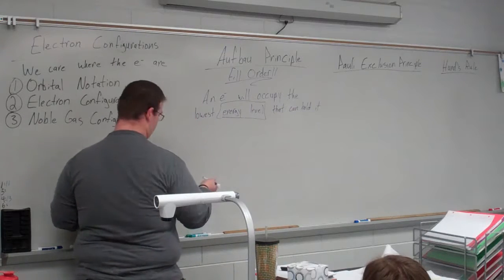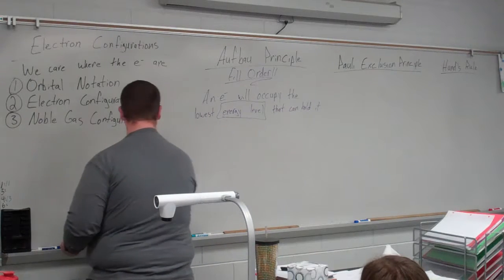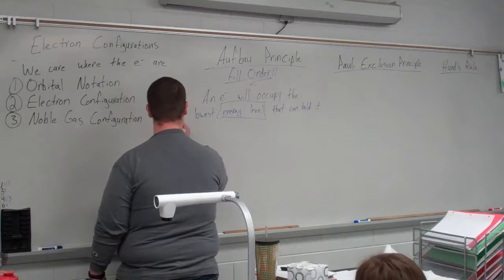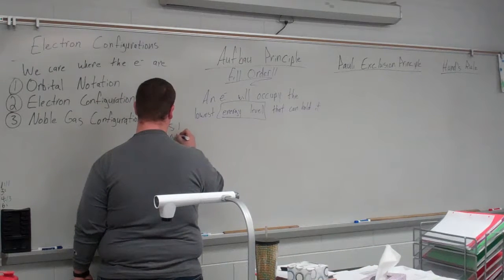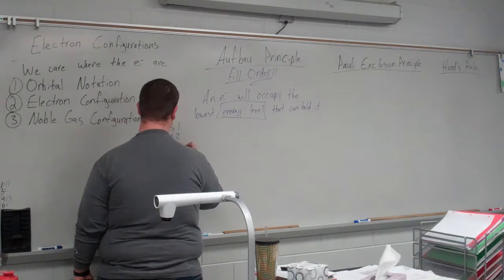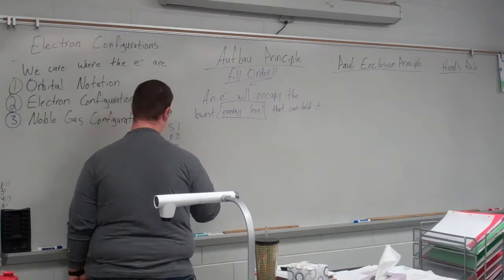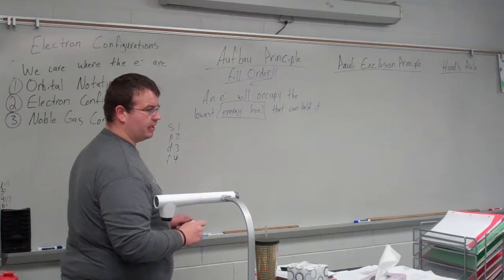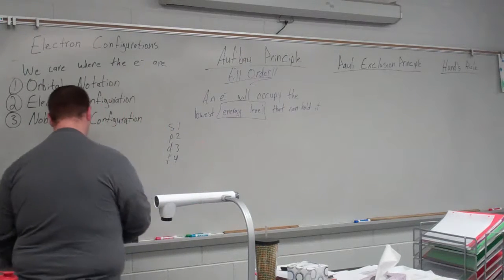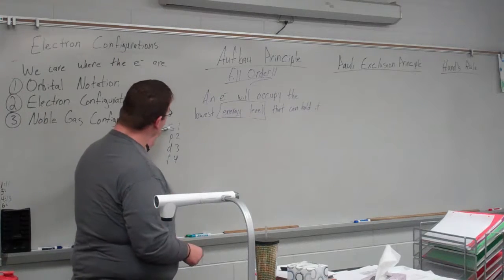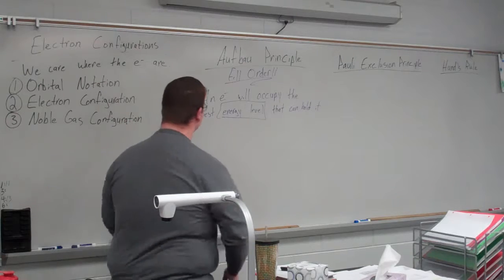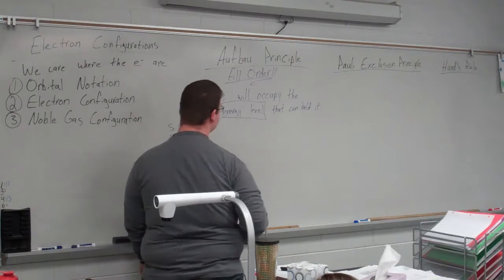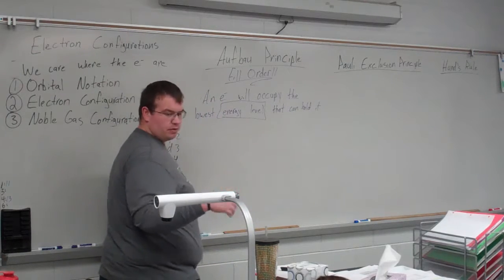S starts with 1, P starts with 2, D starts with 3, and F starts with 4. It's going to make sense here in a minute. Electrons, so you're starting with the S. S will go 1 through 7. So in this, you're going to create columns. This is the key. You're going to create columns if you want to use this method.